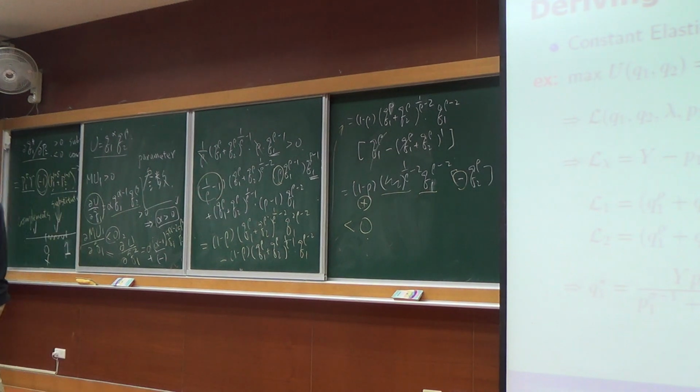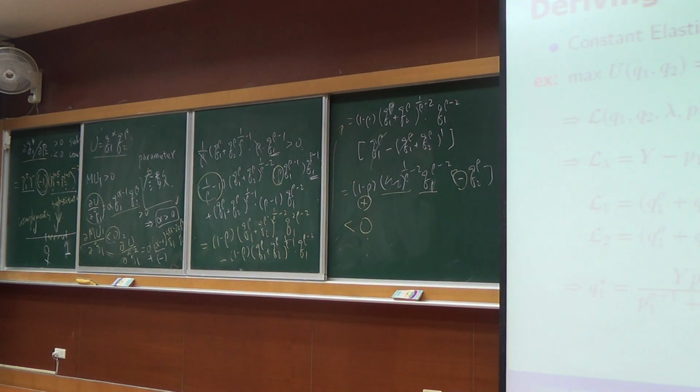All right. So let's recall the properties for Cobb-Douglas and CES. For Cobb-Douglas, you must learn how to derive the demand functions. And for Cobb-Douglas, Q1 is a function of y and P1.